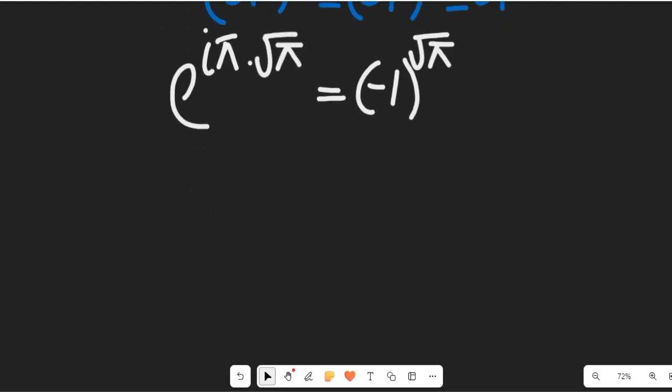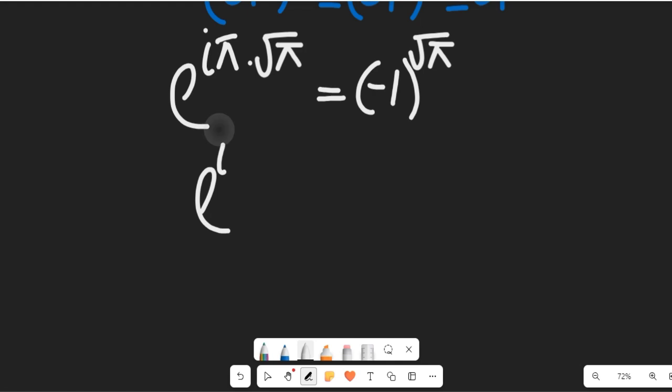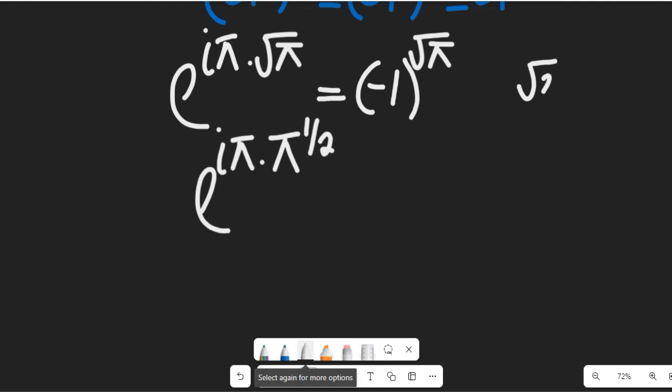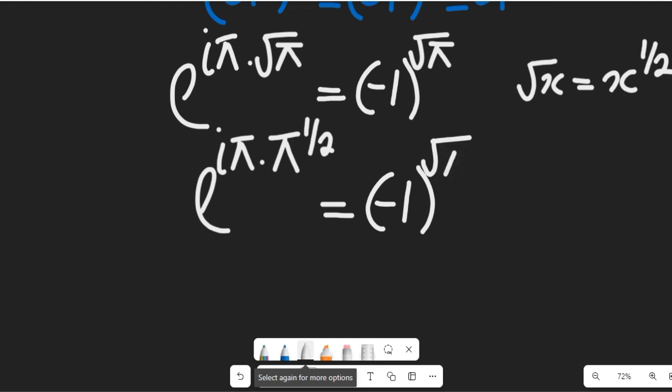Great. Now from this expression, I can have this to be the exponent of i pi multiplying this expression, which will now give me pi to the power of 1 divided by 2, right? Recall that if I have the square root of x, according to the law of indices, this can be x to the power of 1 divided by 2, right? And this whole expression will still give me the value of negative 1 to the square root of pi.